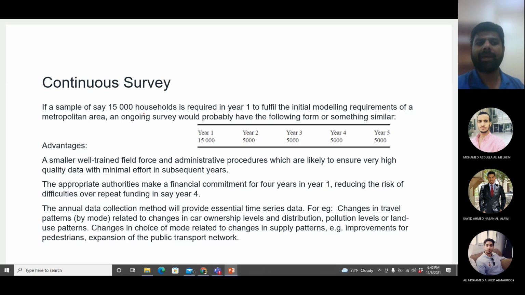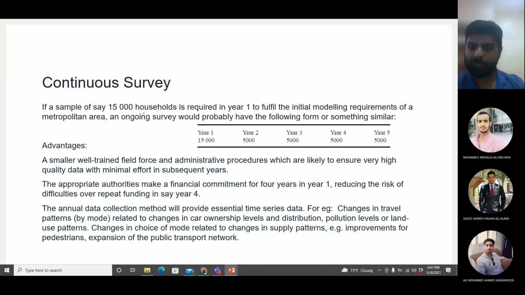So what are the advantages of doing continuous survey? First of all, the quality of the data will be very high, especially if you are using trained people. Obviously, if you are going to do survey multiple times, then it will make more sense to train people. If I'm going to do survey once in the entire life, then why should I bother about training people, or selecting trained professionals for that?